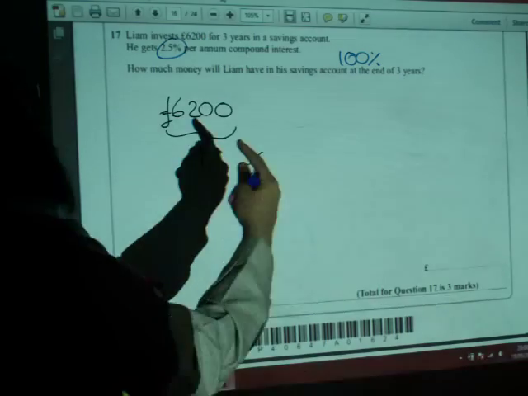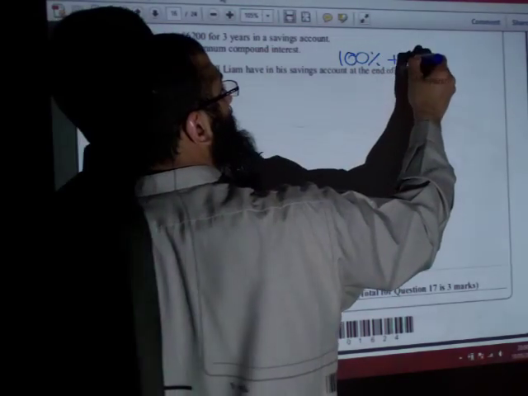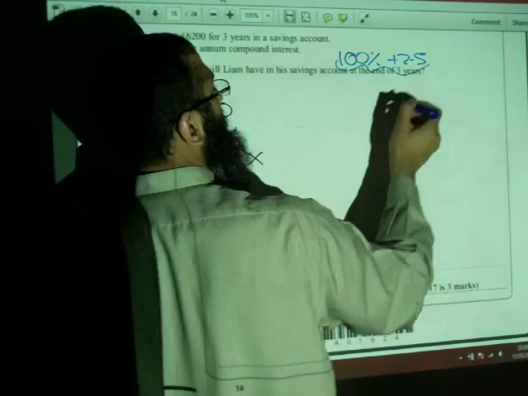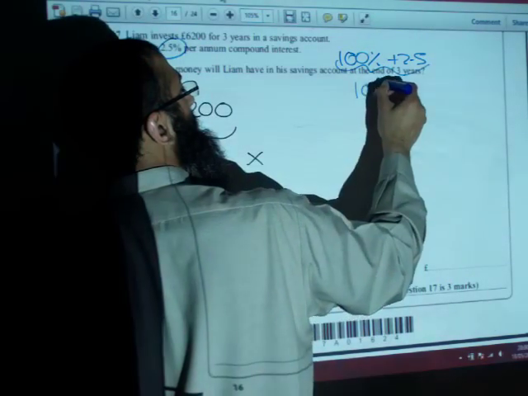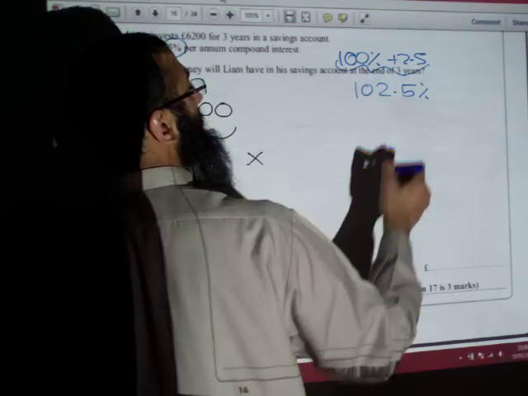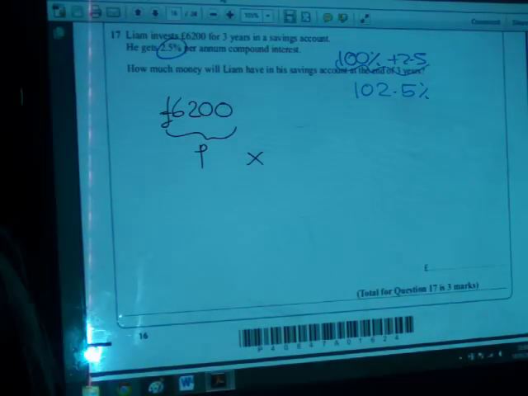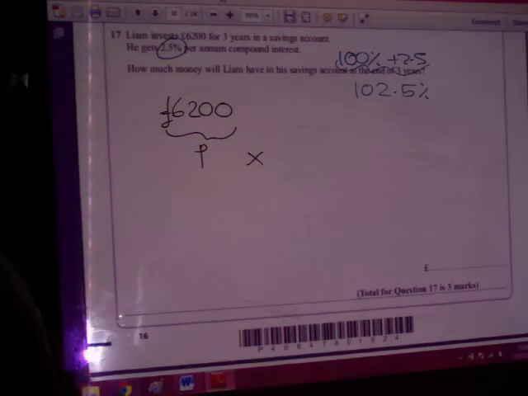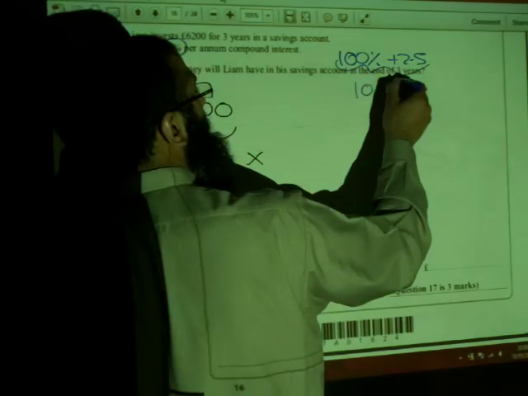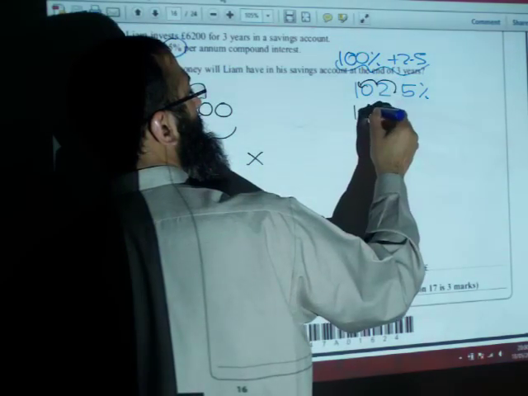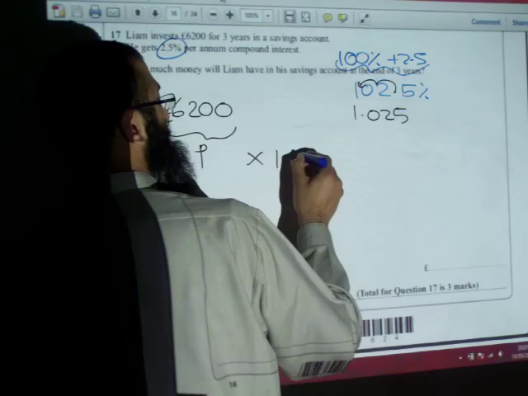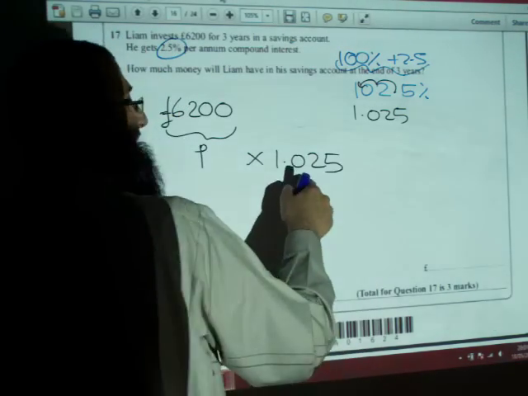We can add on to it 2.5%. What will that give us? 102.5. Now, if you want to change that 102.5% into a decimal, what do we do? To change a percentage into a decimal, we divide it by 100. There's our multiplier.